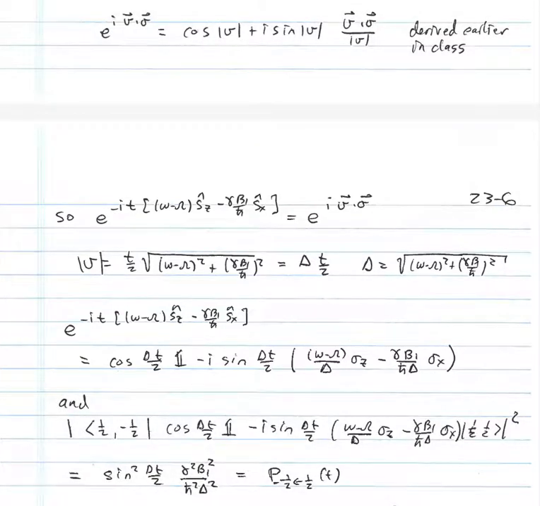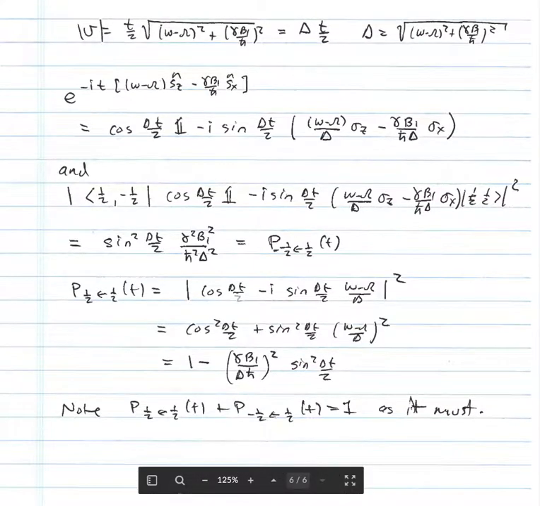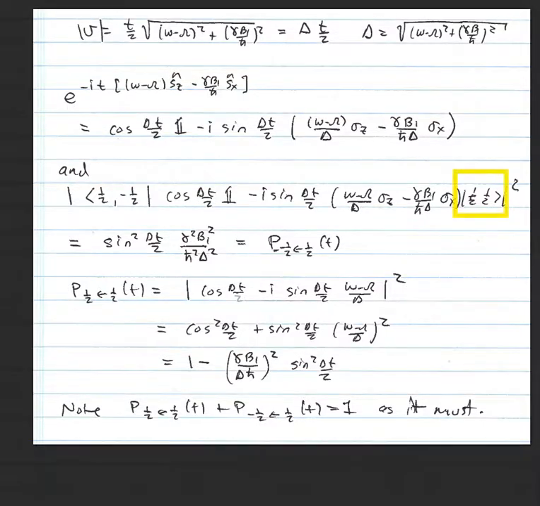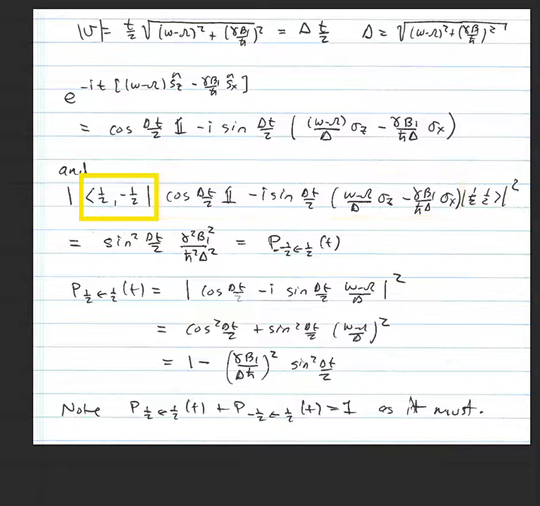Now I can just substitute that into this expression. Okay? So if I want to ask how likely is it to flip the spin, I will start in the state with the spin up. That's the 1/2, 1/2 state. I'm going to act these operators on it. I'm going to look at the overlap with the 1/2, minus 1/2 state. Now the term with the 1 has no overlap because the 1/2, 1/2 state and the 1/2, minus 1/2 state are orthogonal.